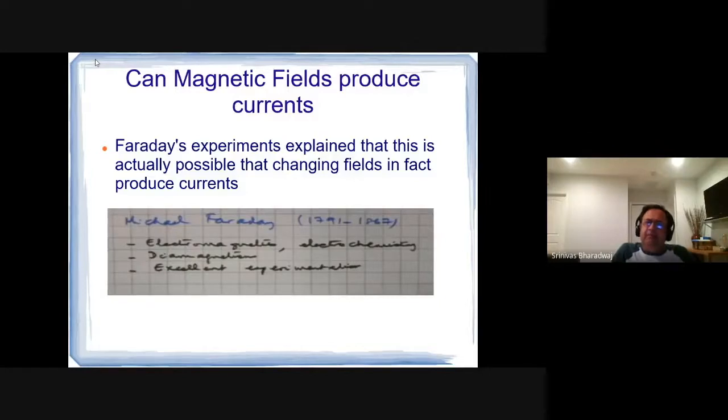Now, can a magnetic field produce currents? Michael Faraday explained that this is actually possible, that a changing field in fact does produce currents.